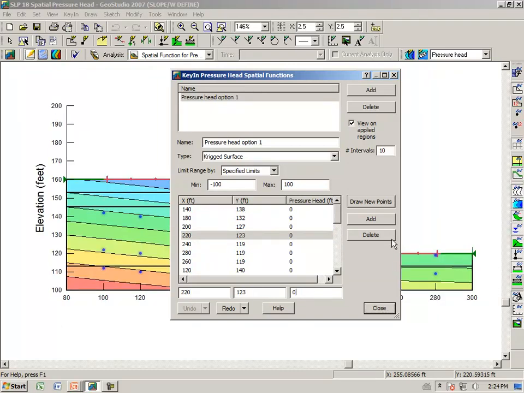But it is also possible to draw the points, and for example, if you had a contour map and some idea of the contours, you could just provide a series of data points along each contour. Once again, it's possible to do a linear interpolation or a Kriging surface or none. In this case, we have used a Kriging surface.